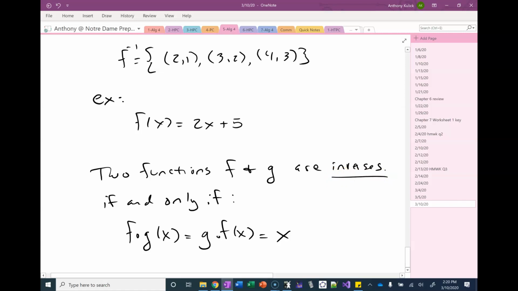So we say that the two functions f and g are inverses if and only if f compose g of x equals g compose f of x, which is equal to x.